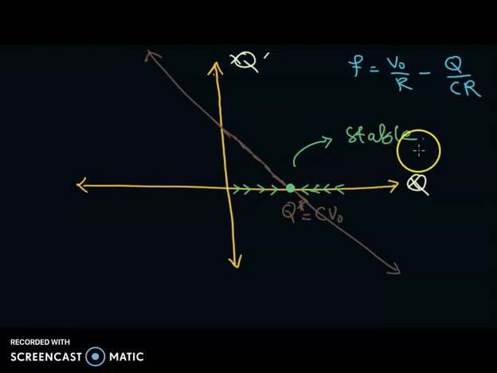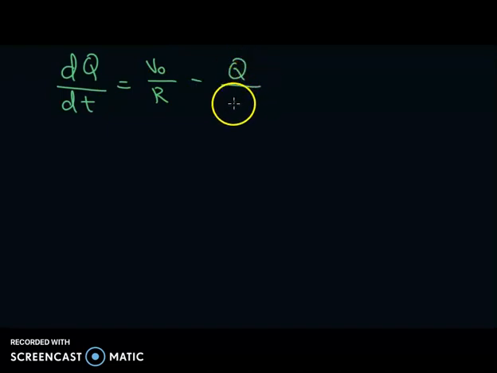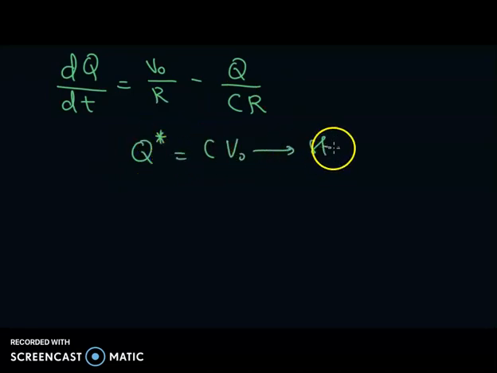So what does it mean that it's stable? This means that for the differential equation that we had, dq by dt equal to V naught over R minus Q over CR, the equilibrium solution was CV naught, and this is stable.